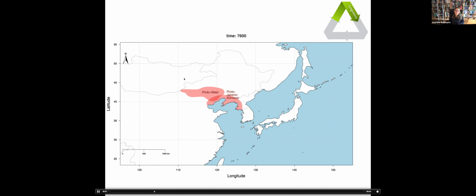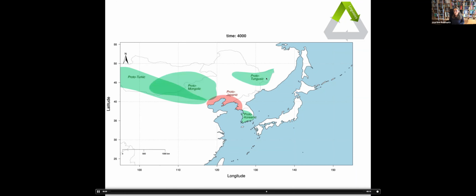And then Turkic was the first to split off from Altaic and to break away into the eastern steppe. Then Koreanic left from here and went to the south of the Korean peninsula. And then finally, Tungusic left to the Russian Far East. Proto-Japonic went over the Korean peninsula to Kyushu in Japan, and from there it spread over mainland Japan and the Ryukyus.